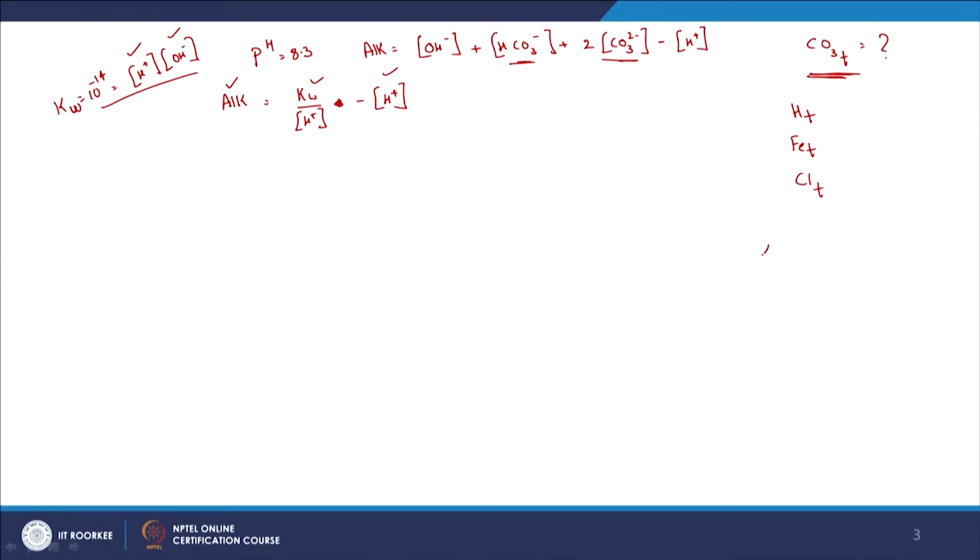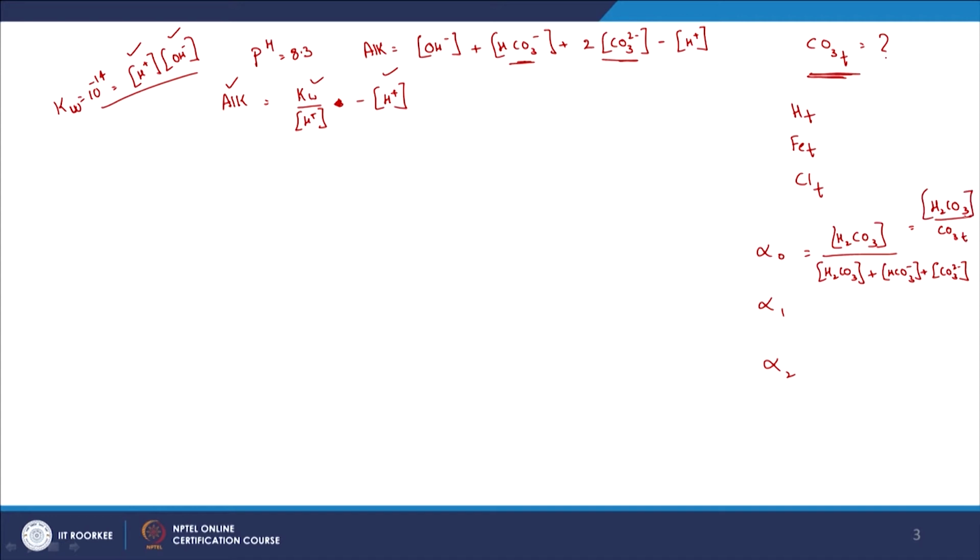If you can dig in, you would remember that we had ionization fractions. In this alpha 0 case, it is H2CO3 concentration divided by H2CO3 plus HCO3 minus plus CO3 2 minus, which is H2CO3 by CO3 total.